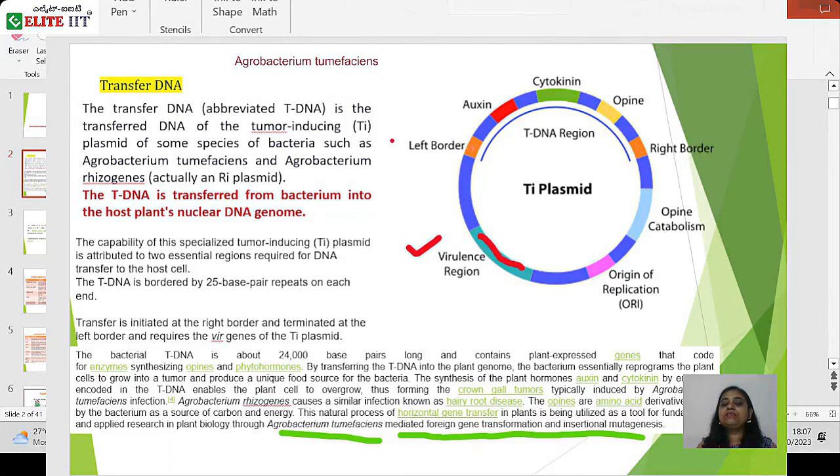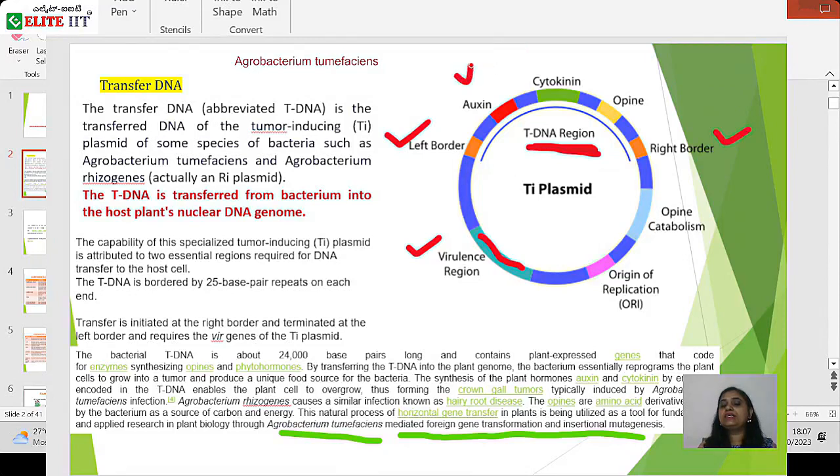Now, in this system, another thing is that the left border should be there, and the right border should be there for the tDNA region. So the important part of this TI plasmid is actually the tDNA region. In the tDNA region, first of all, there is the left border, then a few plant hormone genes: auxin, cytokinin, and opine.